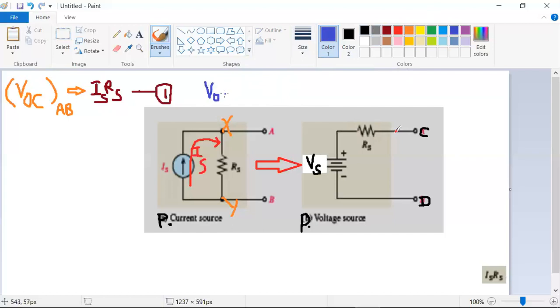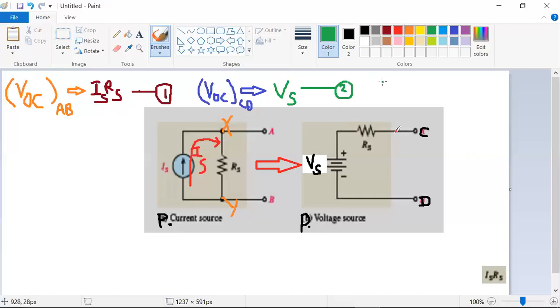VOC of CND, in the CND terminals, is equal to... how much voltage will appear across the CND? The same supply voltage Vs will appear. This is equation number 2.